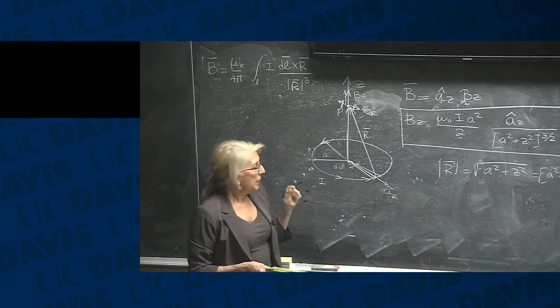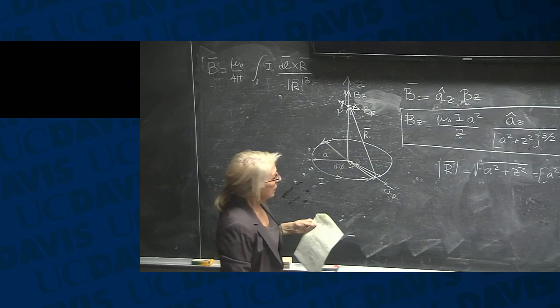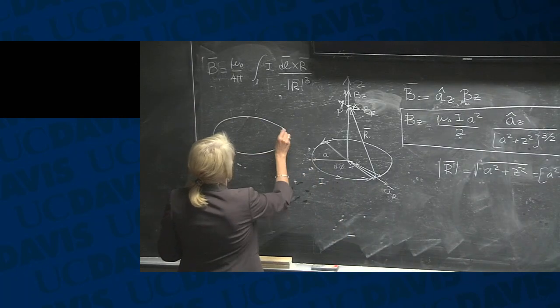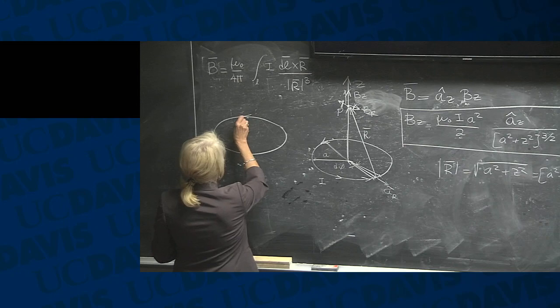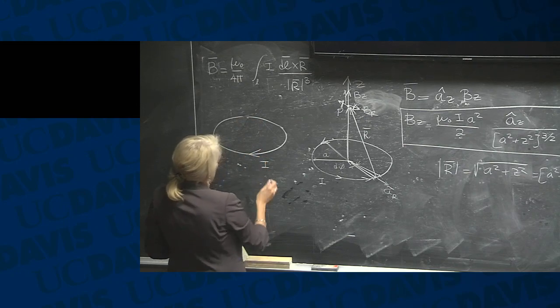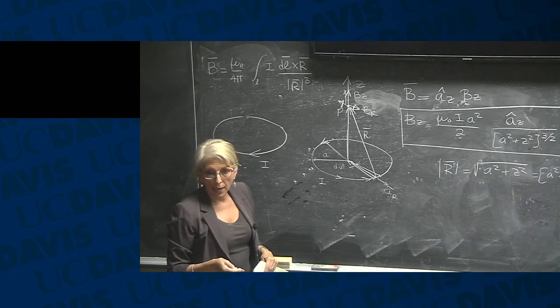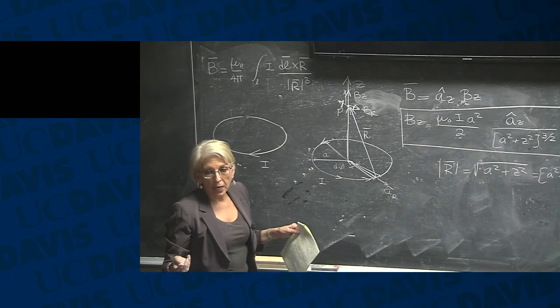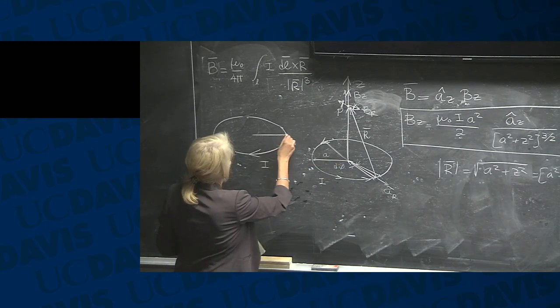Now, what would happen if I would go there and I have another loop like this, but with an opposite direction of the current? What would only be different in this case? Assume that the radius are the same.